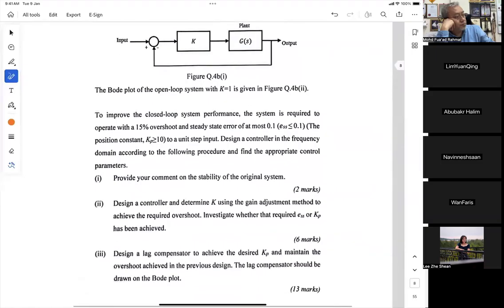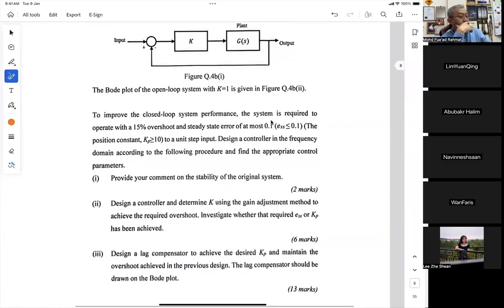To improve the closed loop system performance, the system is required to operate with a 15% overshoot and steady state error of at most 0.1. The position constant Kp is more than 10 to a unit step input. Design a controller in the frequency domain according to the following procedure and find the appropriate control parameter. Provide your comment on the stability of the original system.